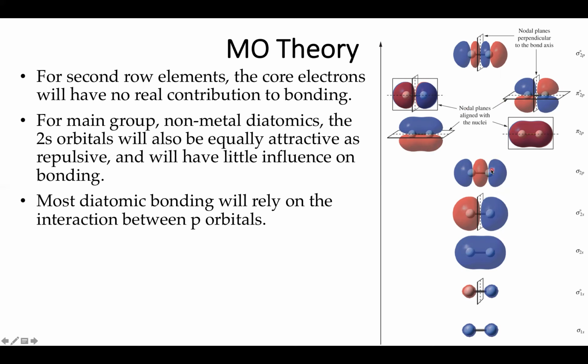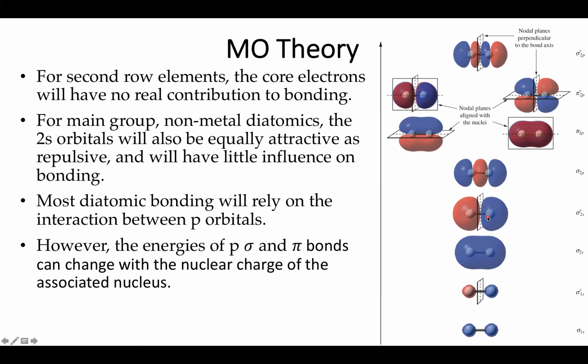However, there is one last thing we have to worry about: the contribution of these s orbitals isn't over with. You'll notice that this sigma p orbital is pretty similar in energy and picture to those s orbitals. It turns out that these p and s orbitals can start to mix, and they tend to mix the most when their energies are fairly close.